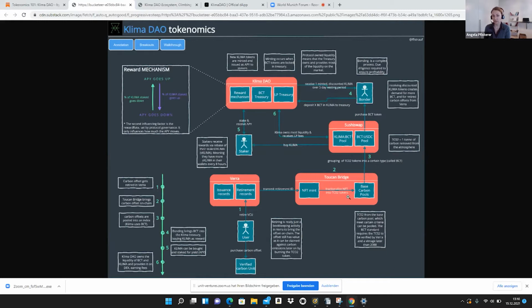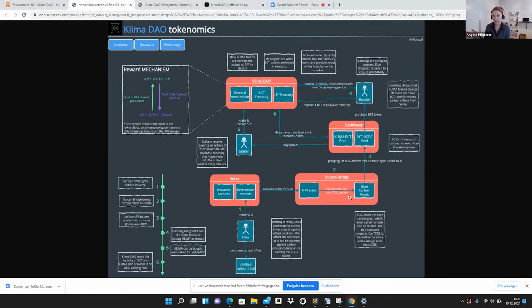So there are really different attributes to it. With the base carbon tool, these parameters are necessary to determine base carbon pools, but for the KlimaDAO, it's necessary to have a comparable unit of account. So in the end, TCO2 tokens within the token bridge are converted to a BCT token.